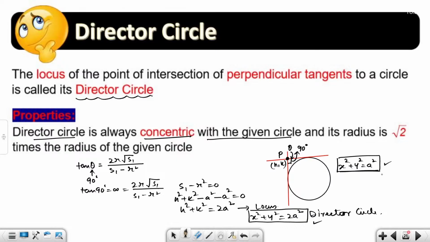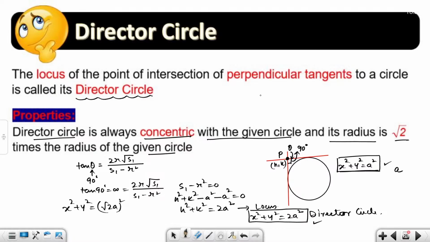The radius of the given circle is a, but look carefully: the radius of the director circle is root 2 times the radius of the given circle. Is it clear or not?